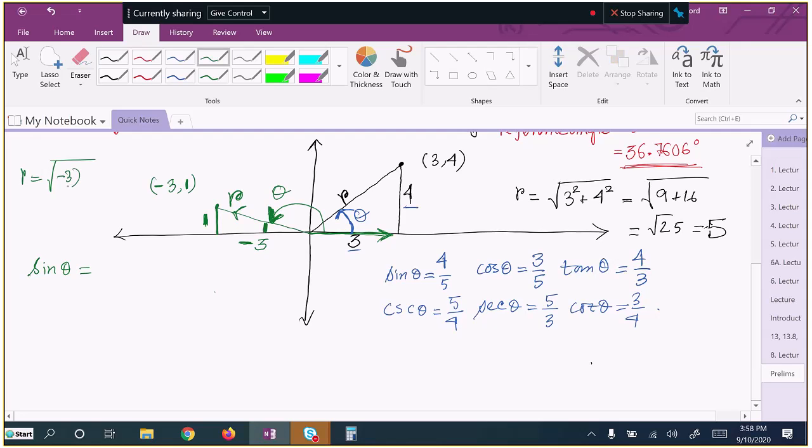So you do negative 3 squared plus 1 squared, and that is equal to the square root of 9 plus 1, which is the square root of 10 units. So the hypotenuse is the square root of 10 units. So sine theta is going to be the opposite side, which is 1 over the square root of 10 units. Cosine theta is going to be adjacent, negative 3 over the square root of 10 units.